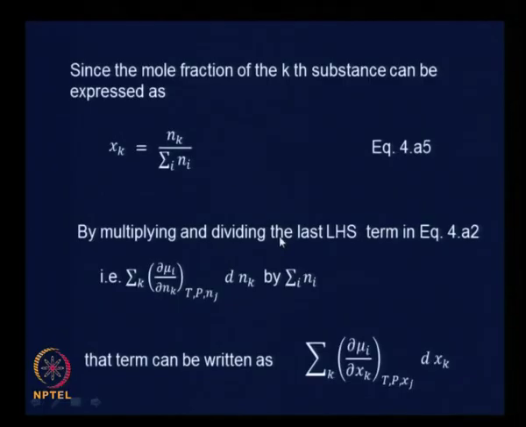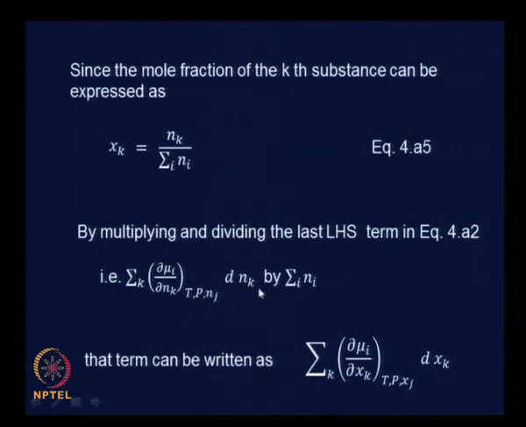By multiplying and dividing the last term on the left hand side of equation 4a2 by the summation over Ni, this was the last term, sum over k of dou mu i dou nk at constant T, p, all other n's remaining constant, d nk.